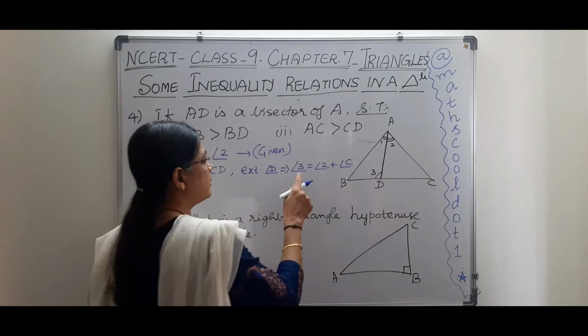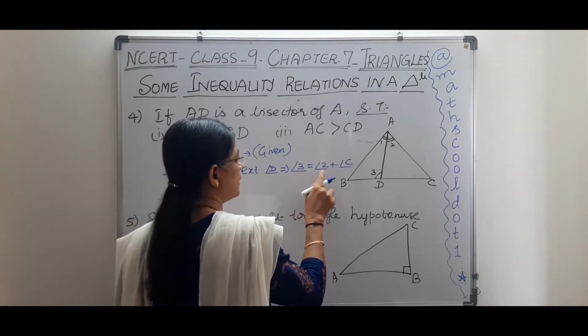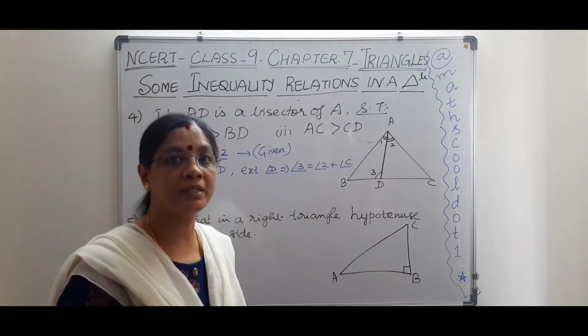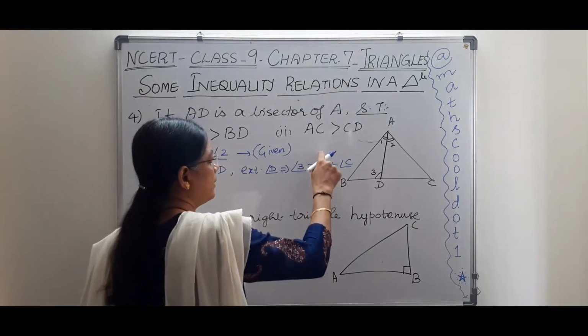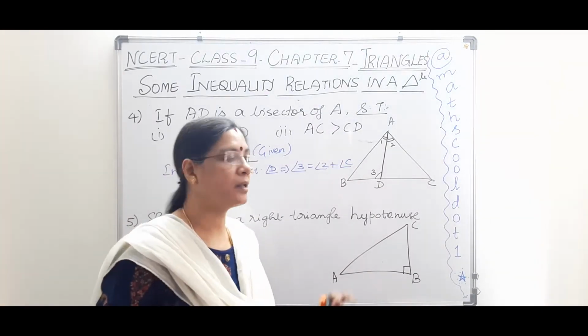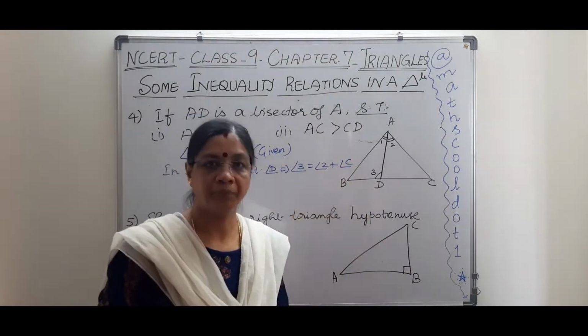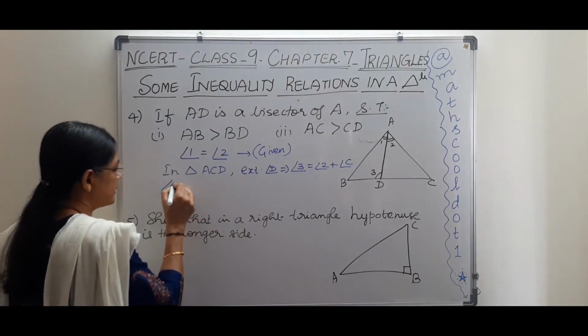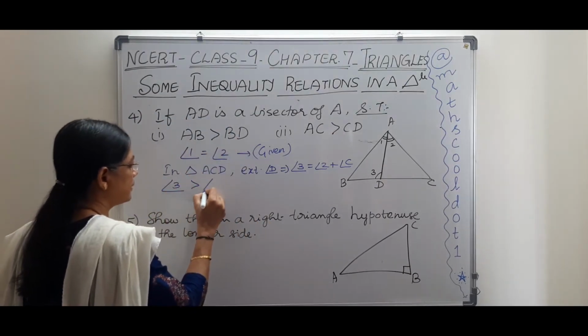So what does it mean? It means that angle 3 is equal to the sum of these two angles, angle 2 plus angle C. So it has to be definitely greater than either of the angles, right? Angle 3 is greater than either angle 2 or angle C. It is greater than both the angles. So I can write it as angle 3 is greater than angle 2.